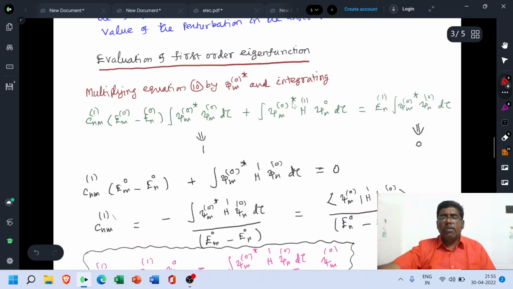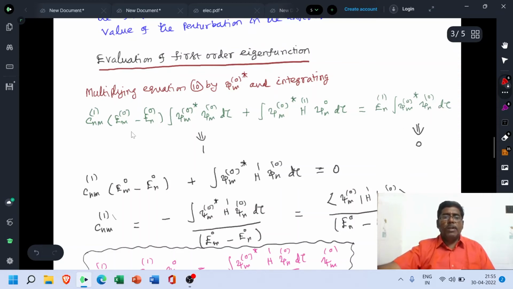But here we won't cancel this term, psi m0 star H1 psi n0 d tau, not equal to 0. But here psi m0 star psi n0 d tau equals 0 because En1 is taken out as a number, as energy. But here this is an operator, so this value has some meaning, whereas the other one vanished.